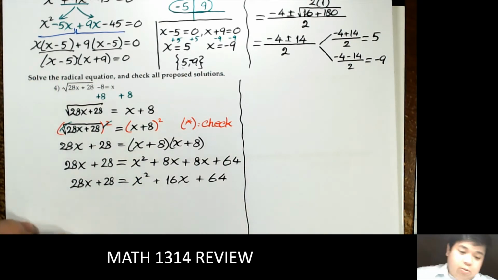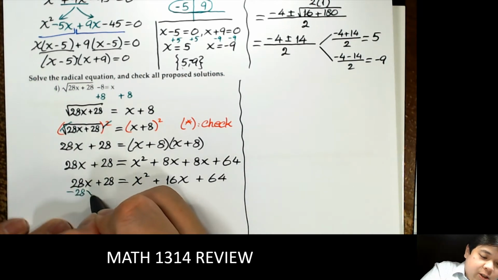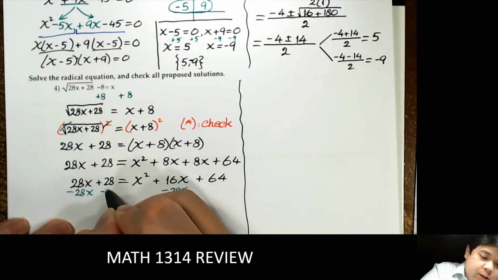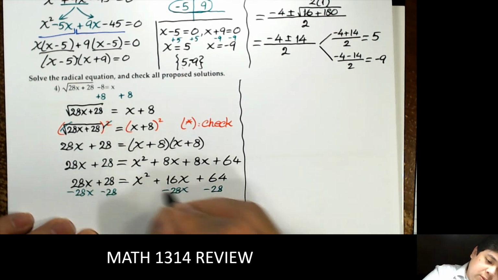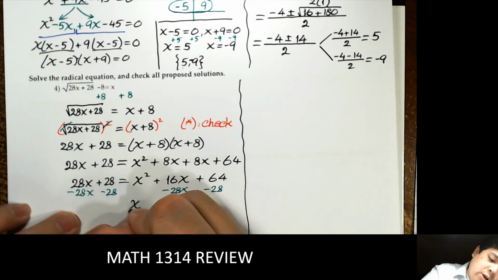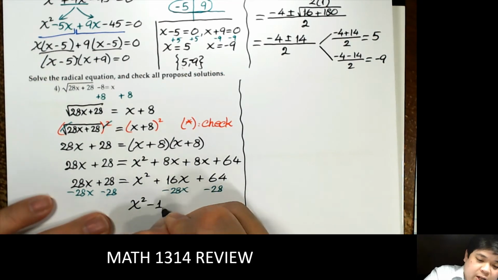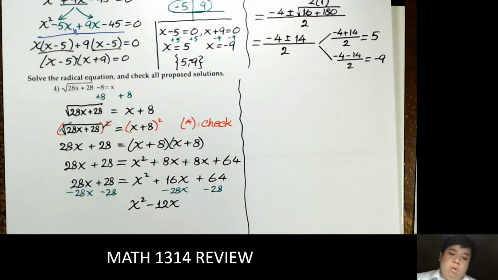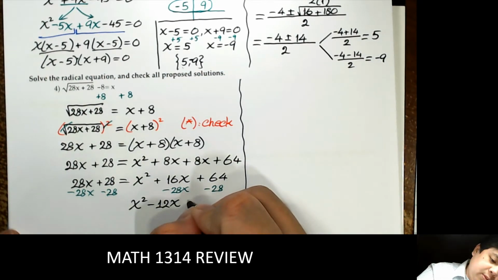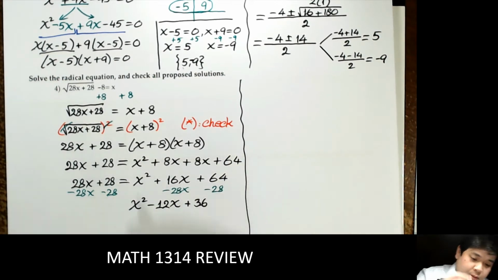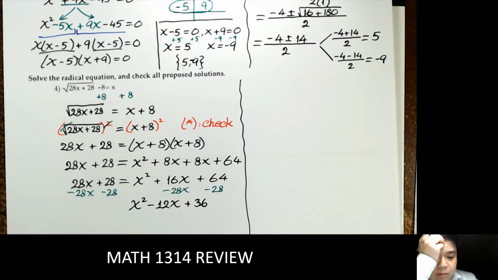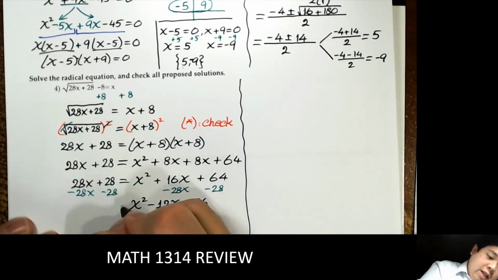I'll move everything to one side. So we should have x squared minus 12x, 64 minus 28, that looks like 36, equal to 0.